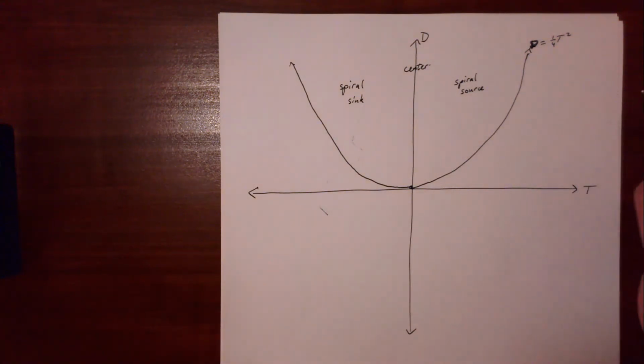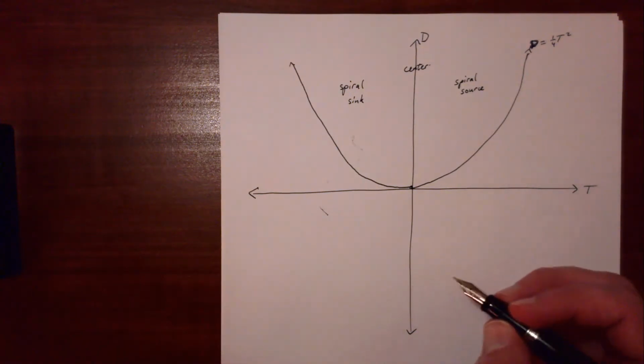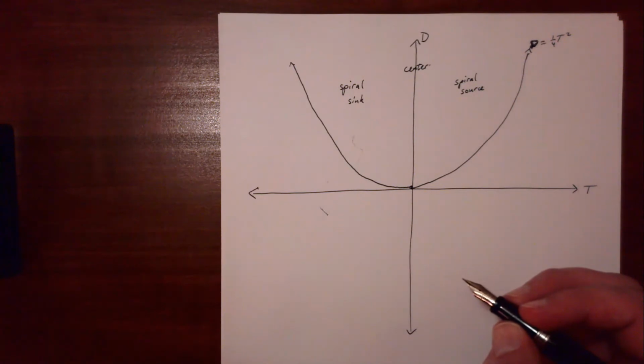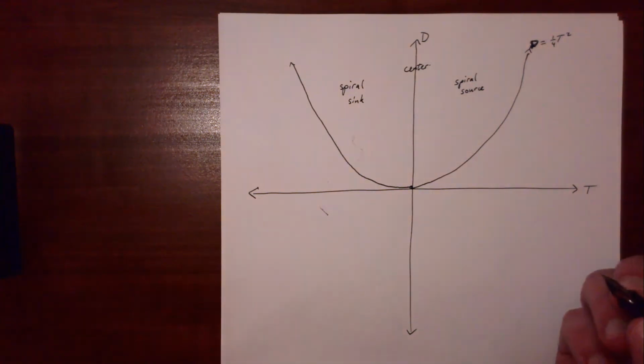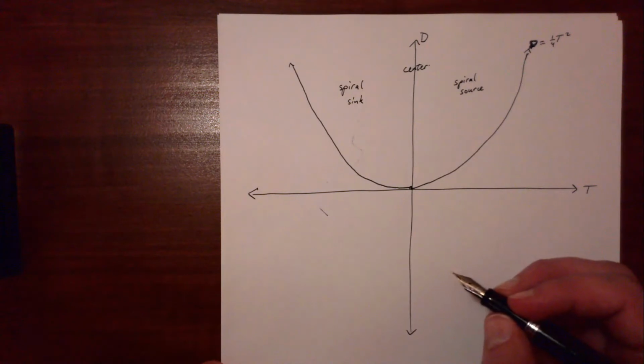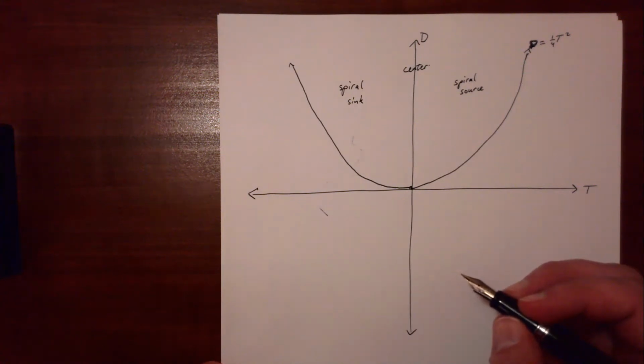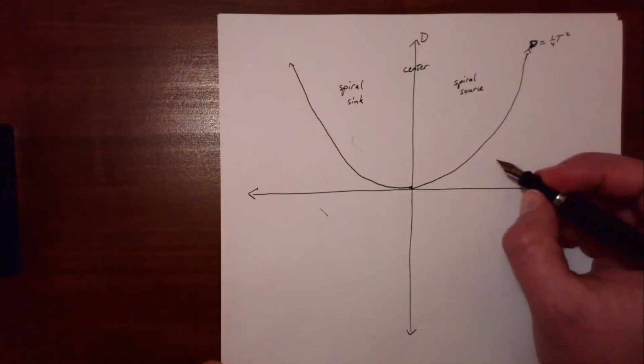Okay, now below the parabola is where we get all of the situations where we have two distinct real eigenvalues. So what's it going to mean if we have two distinct real eigenvalues and the determinant is positive and the trace is also positive? That would be quadrant 1, but below the parabola.